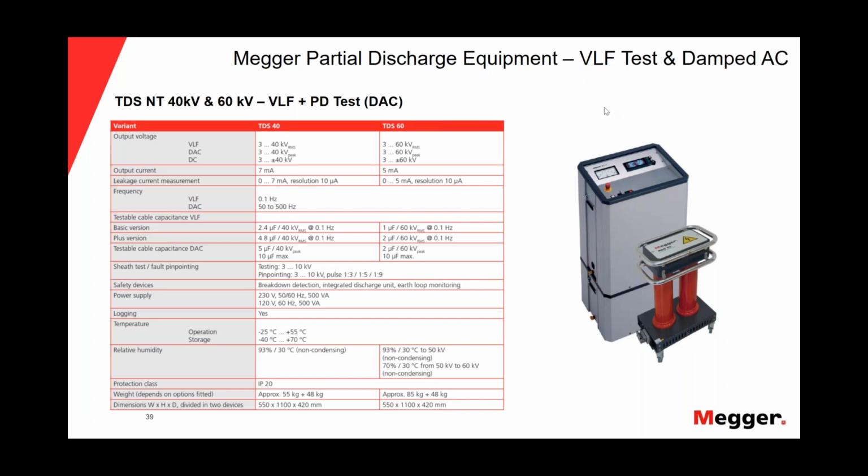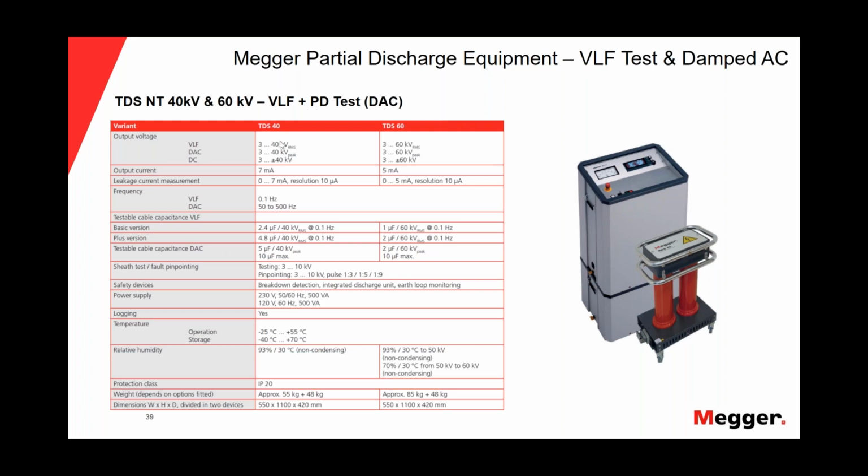The next units we have at Megger are the TDS-NT 40 kV and 60 kV. We have two models, and the first one, the TDS-NT 40, is for 15 and 25 kV cables, and the TDS-NT 60 is for 15, 25, and 35 kV cables. In the TDS-NT models, we have two options, two versions.